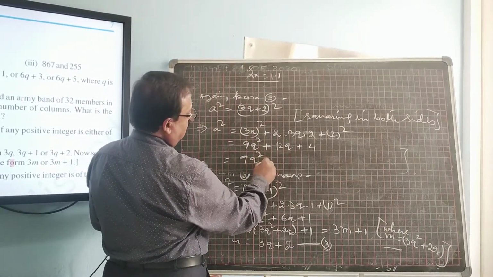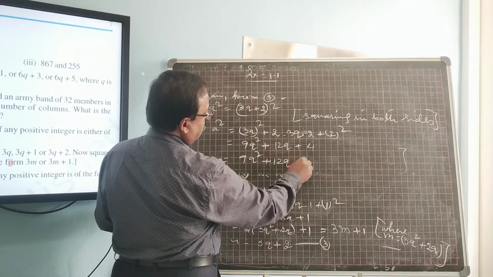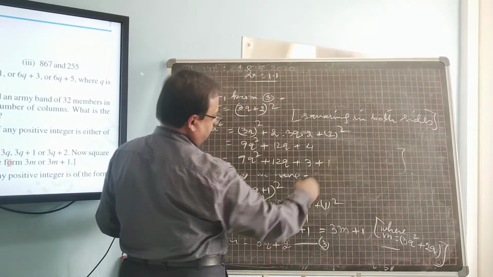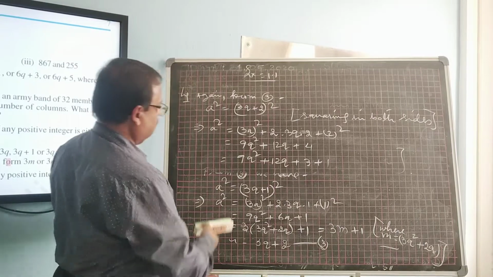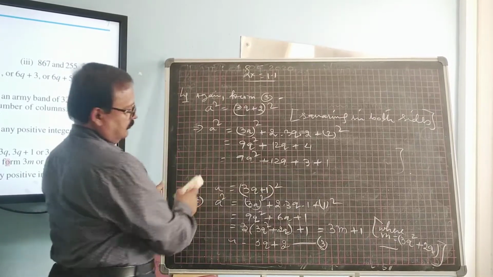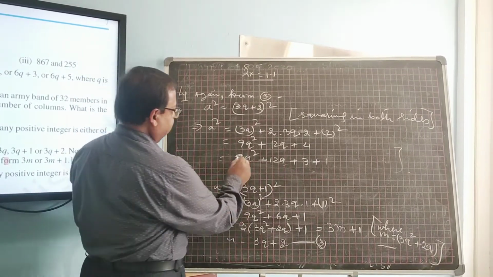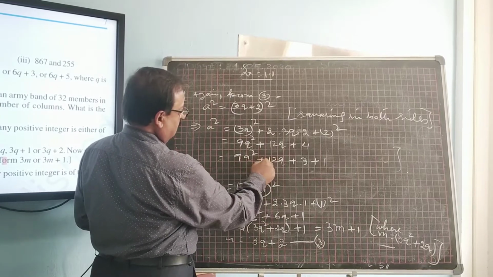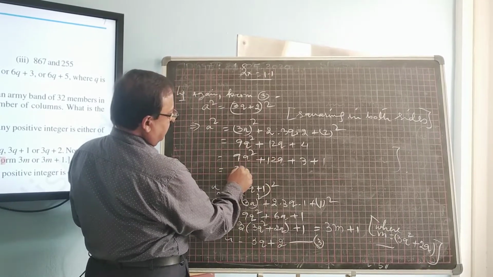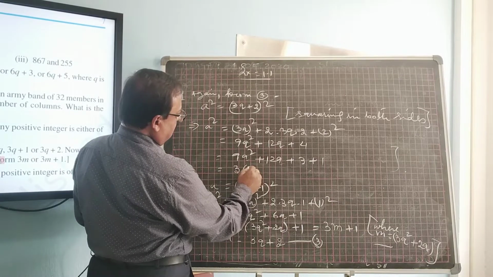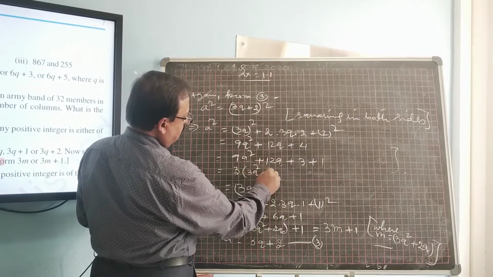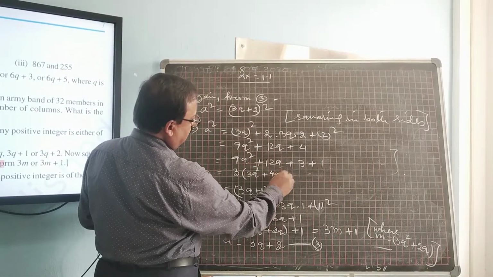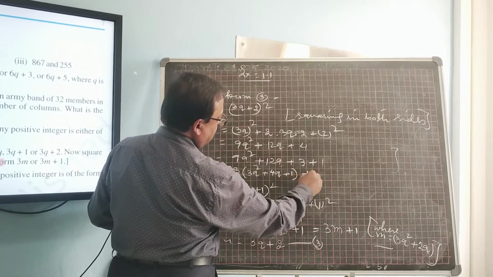You can write 4 as 3 plus 1. Then we take common 3: 3 into 3q square plus 4q plus 1, plus 1.